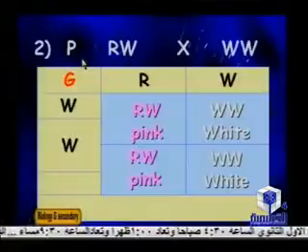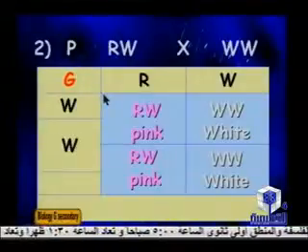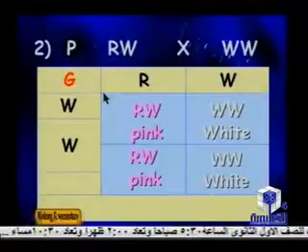So if two characters are crossed, when the two first plants are pink, the first generation will be red, pink, white for this example. When two plants of pink flowers are crossed together, because pink is the intermediate character, this will be 1 red, 2 pink and 1 white.